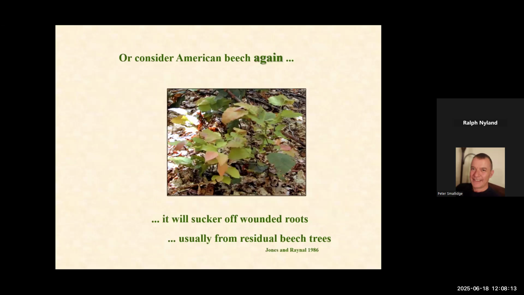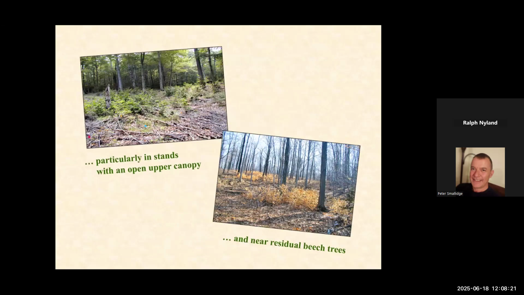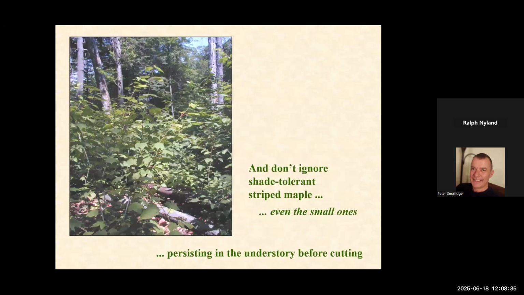It will sucker off wounded roots, usually from residual trees, say within 10 to 15 feet. And particularly in stands with an open upper canopy and near those residual trees, you can get a proliferation of root suckers that can develop and again pose interference after the fact.